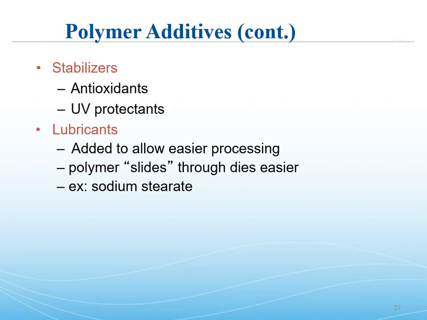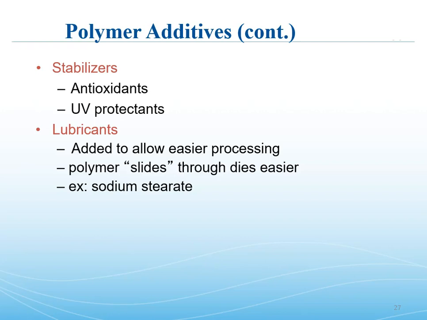We do have a section on material degradation in the book, and we may be able to touch on it some this term, and we'll get into a little bit more detail then, but otherwise it is in the Callister text. Lubricants kind of overlap with plasticizers. They're literally what they say.